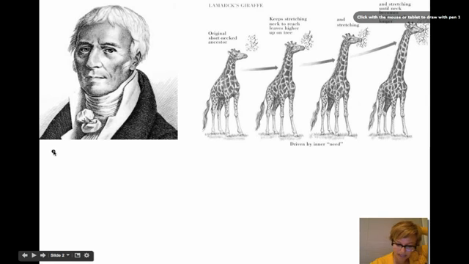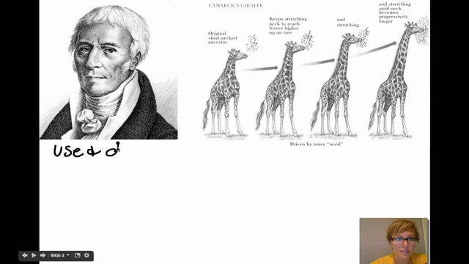So he had two points to how he thought evolution came about. The first was use and disuse. That was the idea that organs and muscles, things we use a lot, get bigger and stronger, and things we don't use hardly at all become weaker and deteriorated. So he uses a giraffe as an example.